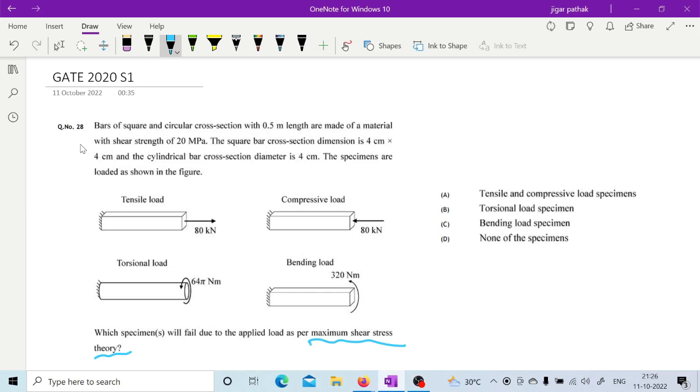Sir, would it be B? It would be torsional, B. Anyone else?